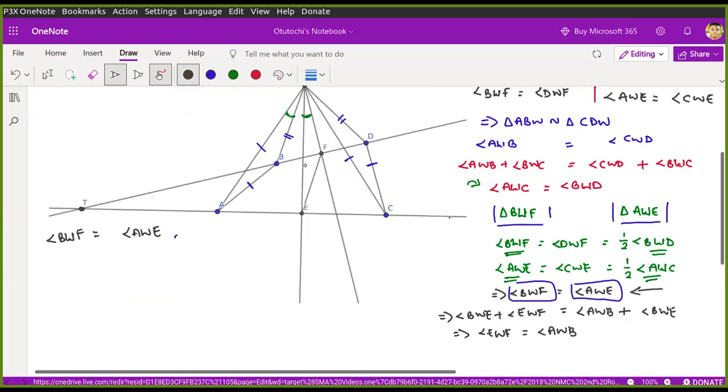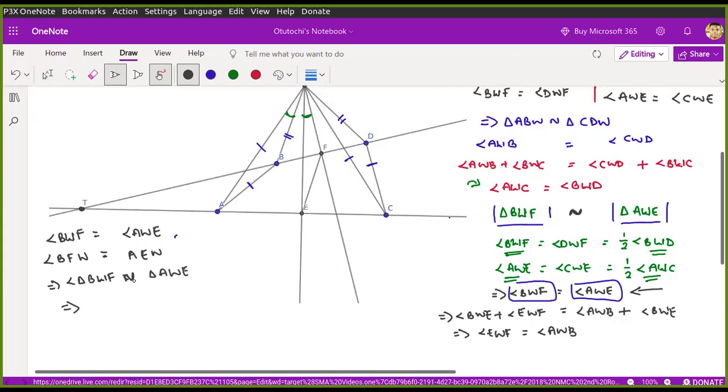You also agree with me that angle BFW is equal to angle AEW, since they are both right angles. And with this, we can easily establish a similarity. We have two corresponding angles equal, so the third corresponding angle has to be equal as well. So these two are actually similar, which implies that triangle BWF is similar to triangle AWE. And from this, we get the ratio we need.